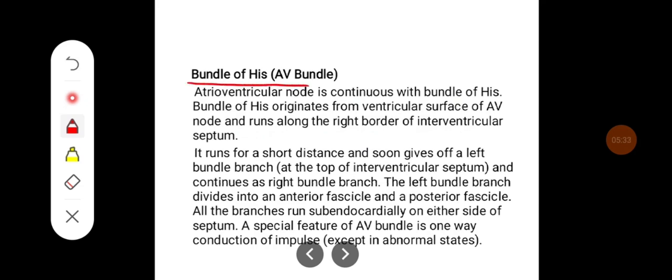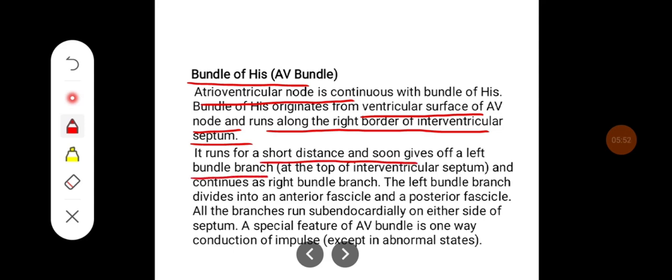Bundle of His, that is also called as AV bundle. Atrioventricular node is continuous with bundle of His. Bundle of His originates from ventricular surface of AV node and runs along the right border of interventricular septum. It runs for a short distance and soon gives off left bundle branch at the top of interventricular septum and continues as right bundle branch.